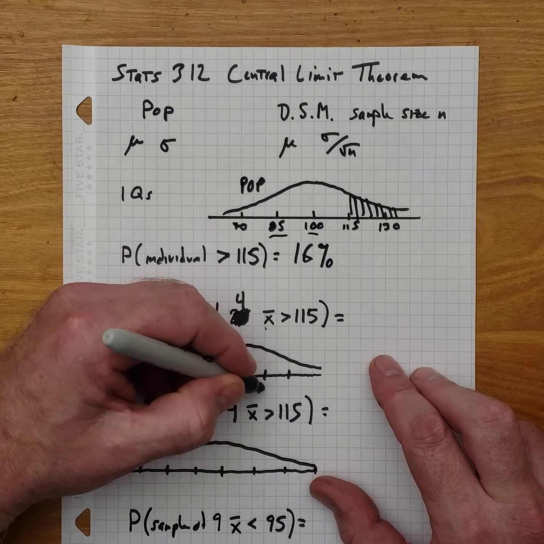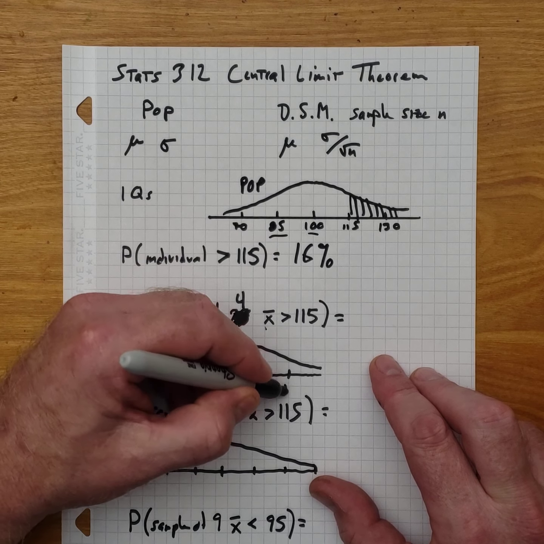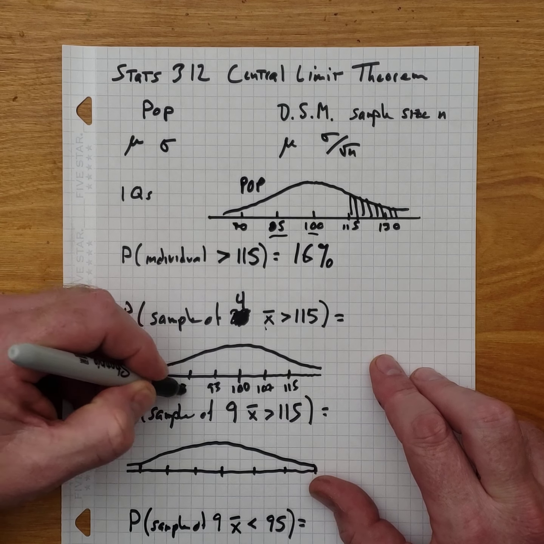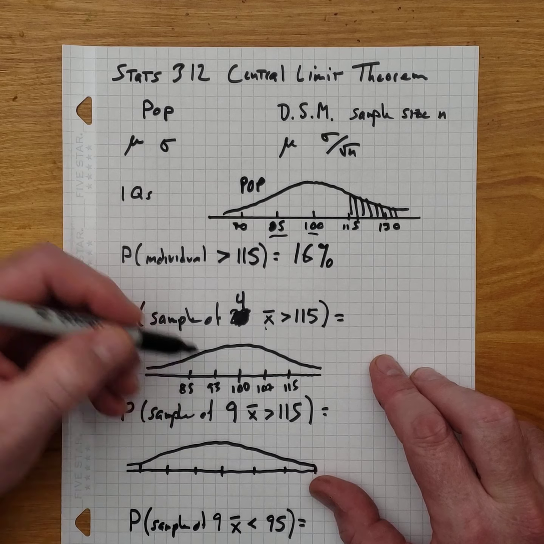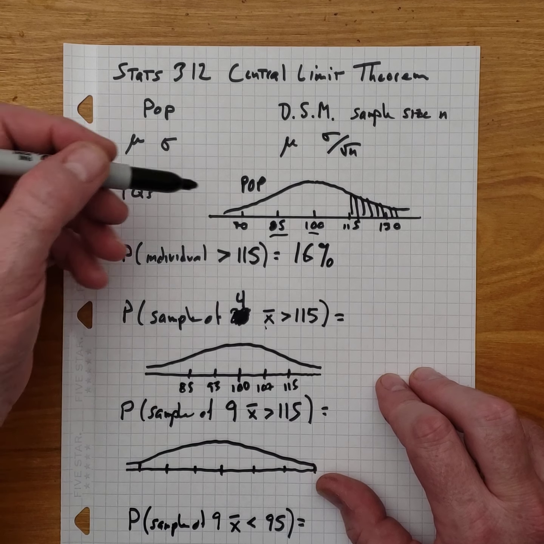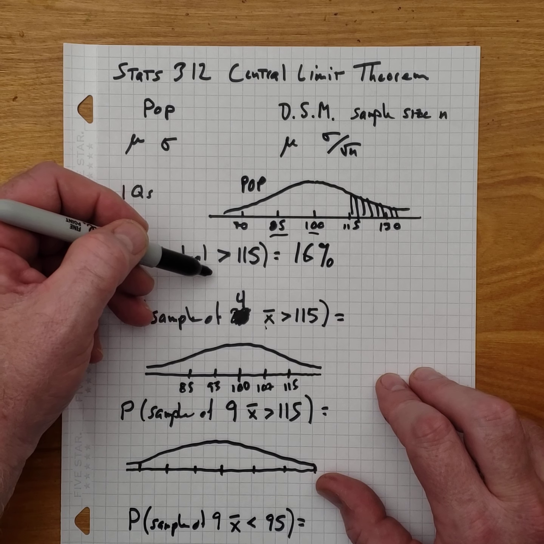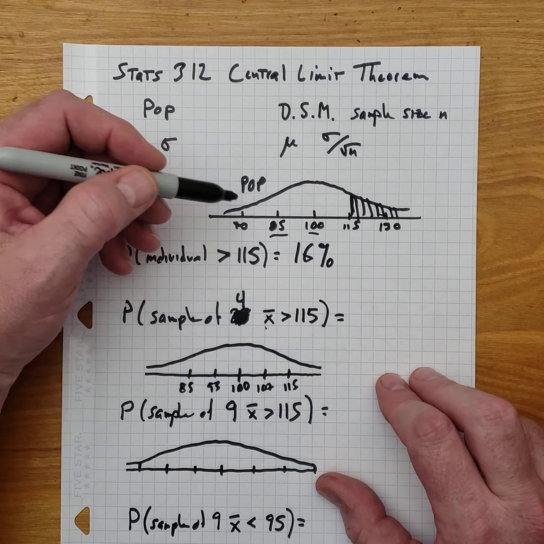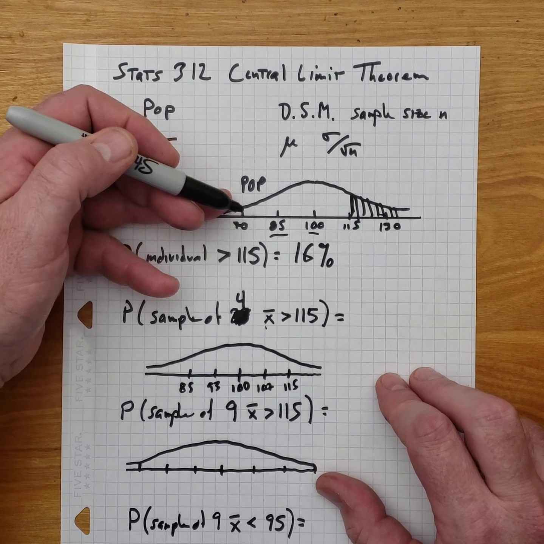So I'm just going to put 107 there and 115 there, and then 93 and 85. I'm not going to put the 5s in there. Okay, so an individual being above 115 means more than one standard deviation away from the mean in the population of individuals.